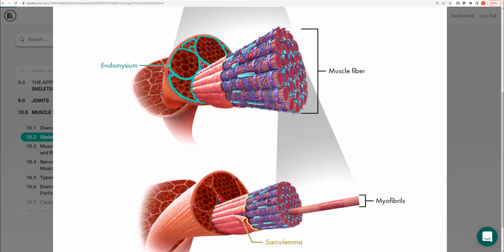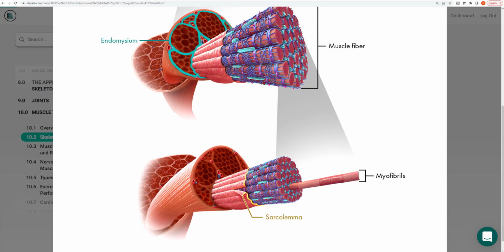So within the muscle cell, what you see is that there are these myofibrils that are these long cylindrical structures. Along and throughout the cell, you also see mitochondria. These bluish green guys are the mitochondria. And then you also see this network of tubes, and this is the sarcoplasmic reticulum.